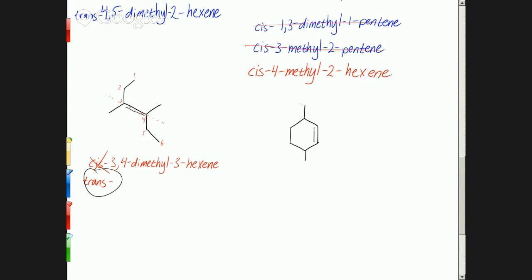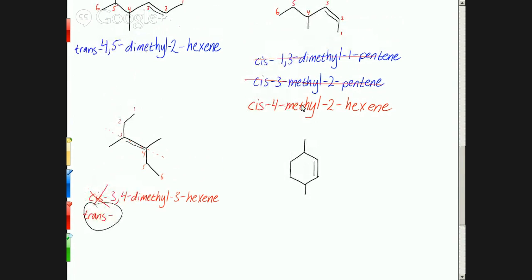So this one, the main rule to remember, the rest of it's going to look the same. The main rule here would be that we want to number the ring such that the alkene has the lowest numbers. So see how you can do that. So the double bond has the lowest numbers.